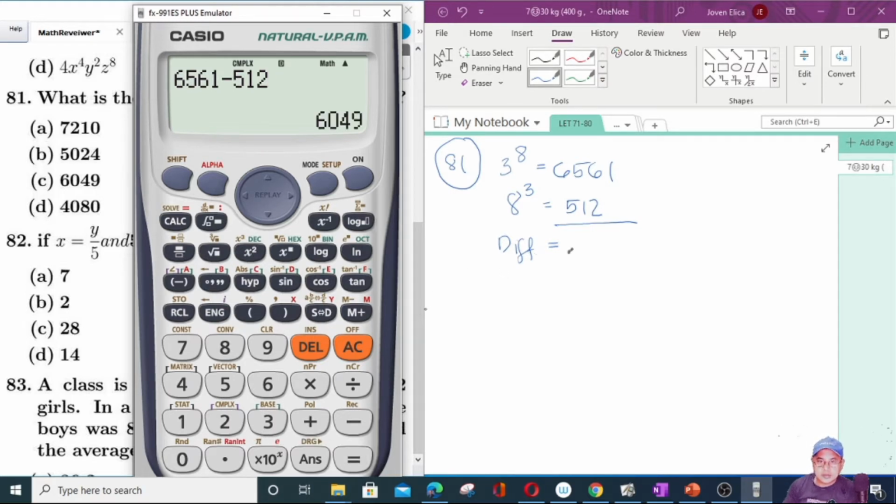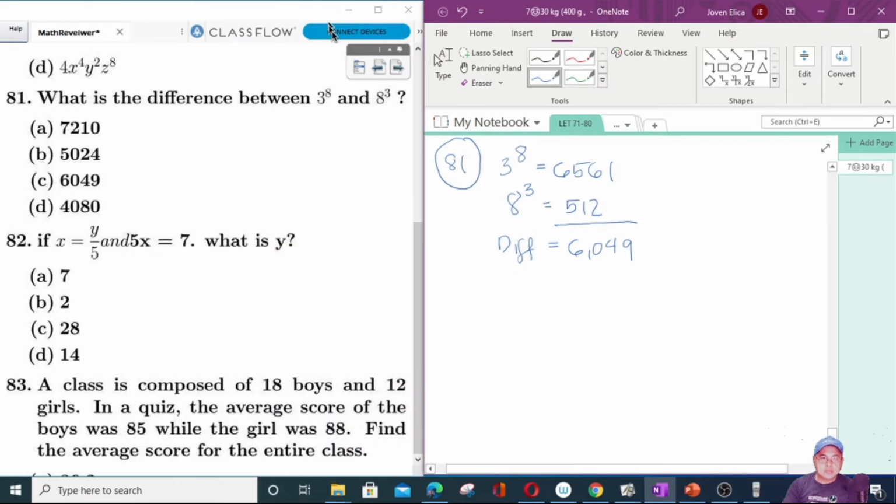The answer is 6,049. Based on the given choices, the answer is letter C. So, very simple question. In actual board exam, you should get this correctly.